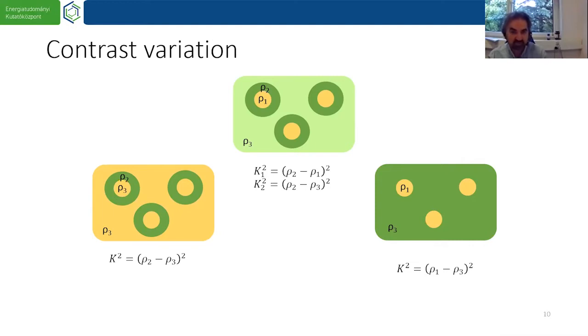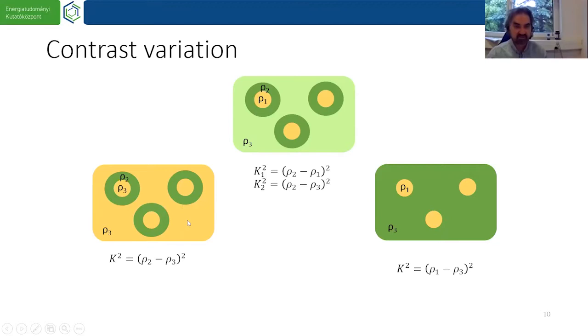So we need to extract information about the sizes of both parts, and for this the contrast variation is especially useful. By changing the contrast by isotopic substitution of one of the parts, we can make one of the constituents of the particle visible and hide the other.